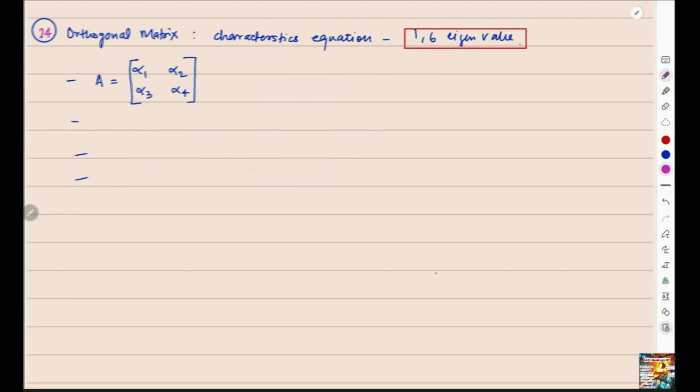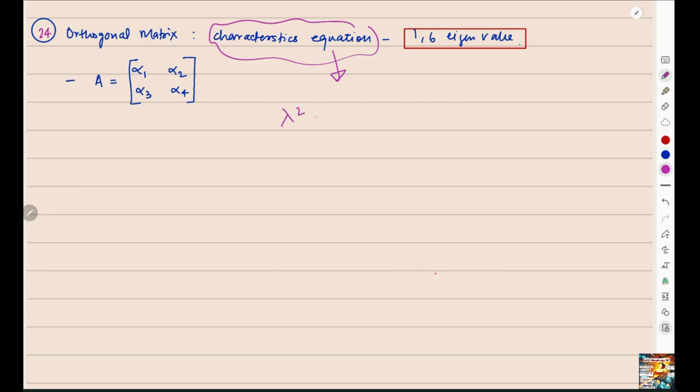Next question. In this question, we have to find the characteristic equation from the eigenvalues 1 and 6. First of all, we know that for the characteristic equation, lambda square minus trace of A into lambda plus determinant of A should be equal to 0. Also the eigenvalues are given, so we can write (x minus 1) into (x minus 6) equals to 0.